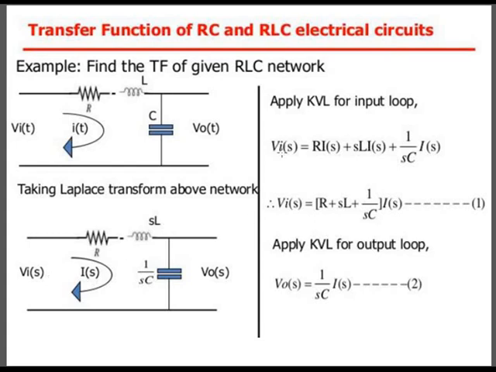It is written like this: Vi(s) = R I(s) + sL I(s) + 1/(sC) I(s). Taking I(s) as common, Vi(s) = (R + sL + 1/(sC)) I(s). So this is equation number 1. Now apply KVL for the output loop. It is Vo(s) = 1/(sC) I(s). So this is equation number 2.